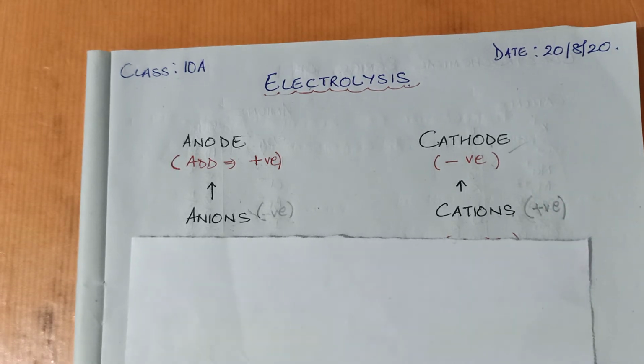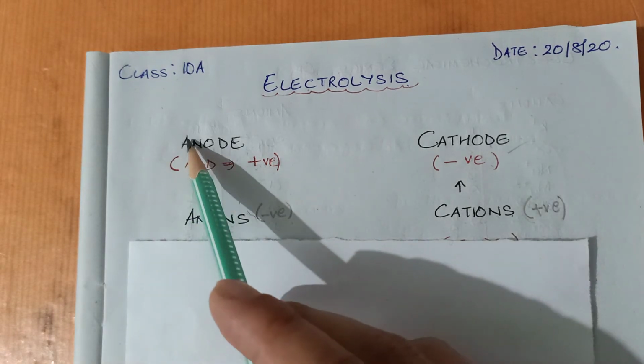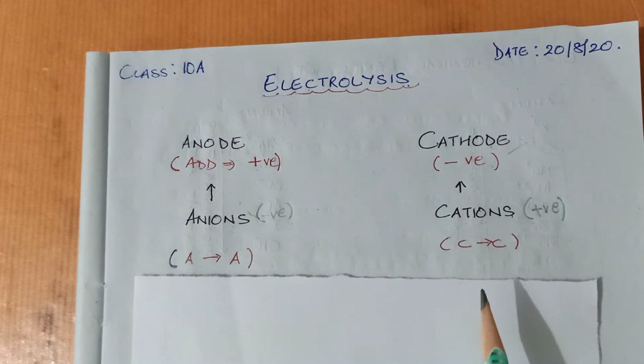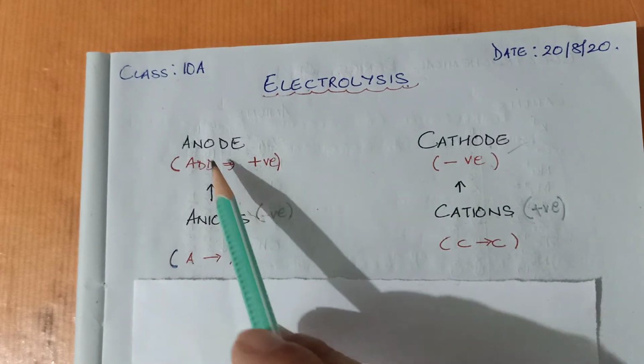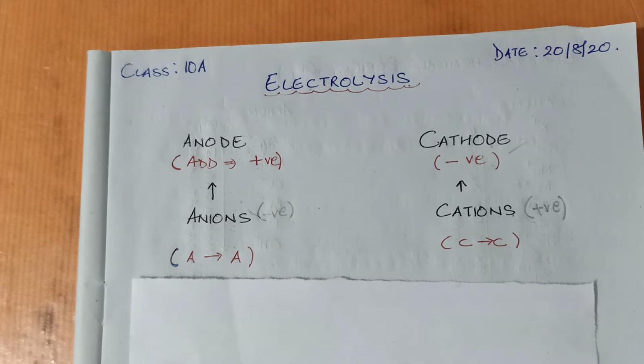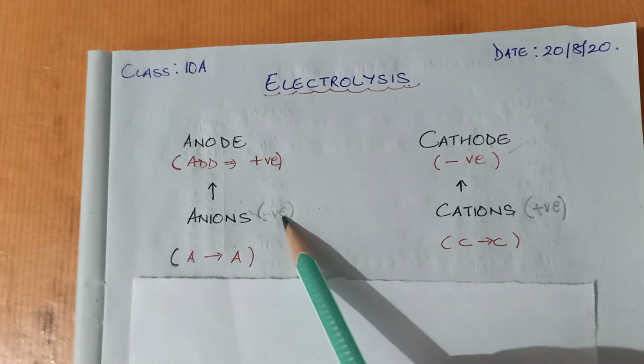So how are we going to remember this relation? It's very simple. We'll remember the AA relation: anions move towards anode, and the CC relation: cations move toward cathode, and they are oppositely charged. Anions negative, anode positive.